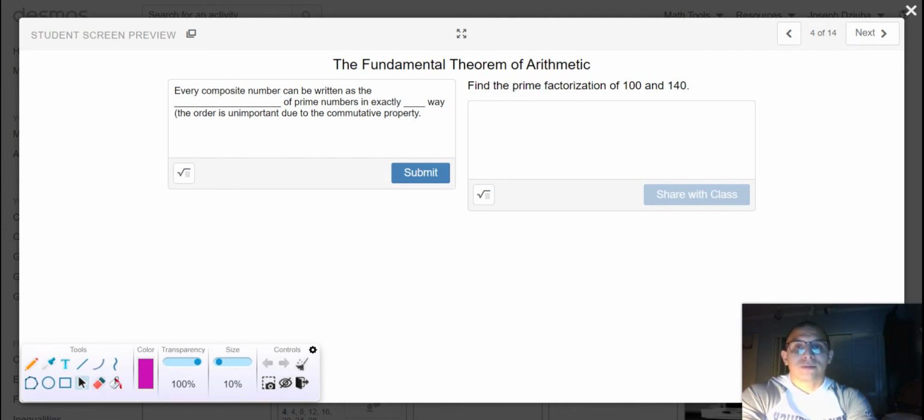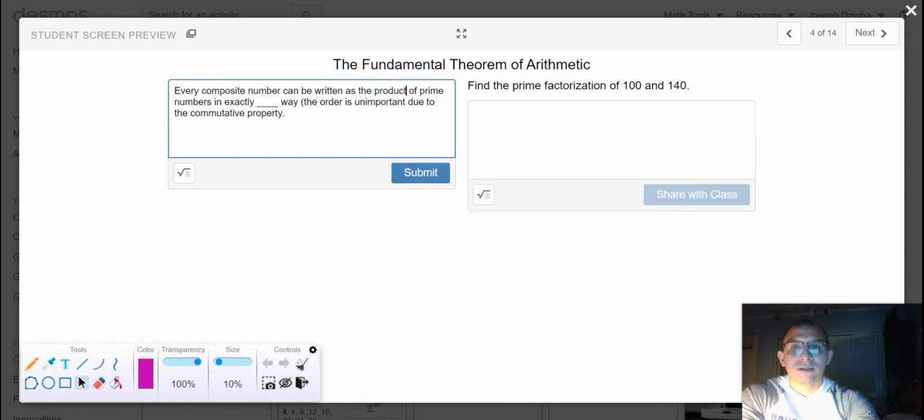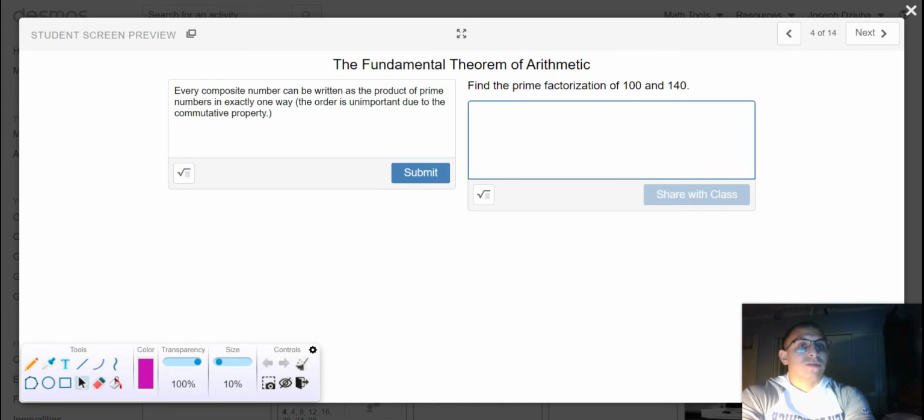Every composite number can be written as the product of prime numbers in exactly one way. The order is unimportant due to the commutative property of multiplication. So in this instance, we want to find the prime factorization of 100 and 140.